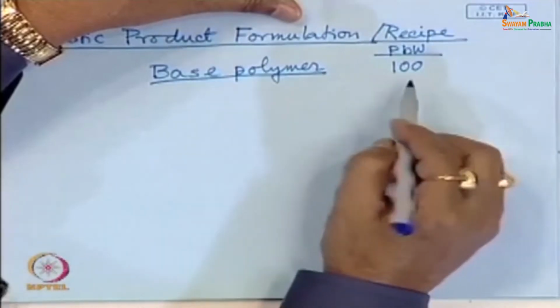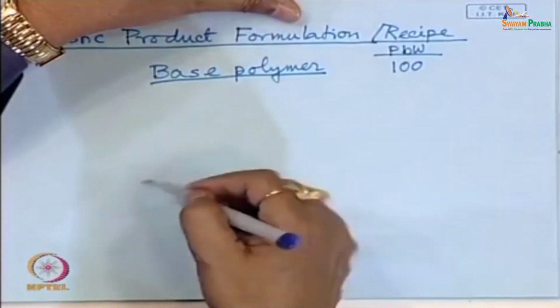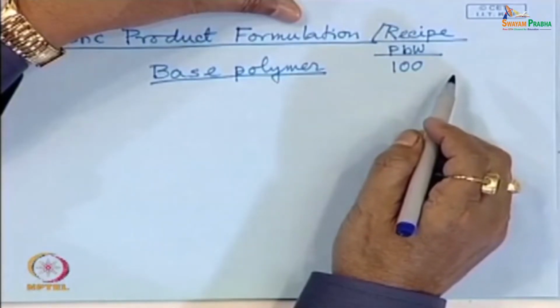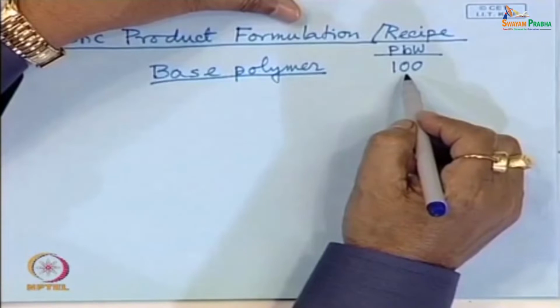If you take the base polymer 100 parts, then correspondingly what will be the amounts of the ingredients taken. This is the main polymer phase, 100 parts. That means you may take 100 gram, 100 kg, or 100 ton. In one batch of product formulation, you start on the basis of 100 kg or 100 ton of polymer. It is better to write it as 100 kilogram.